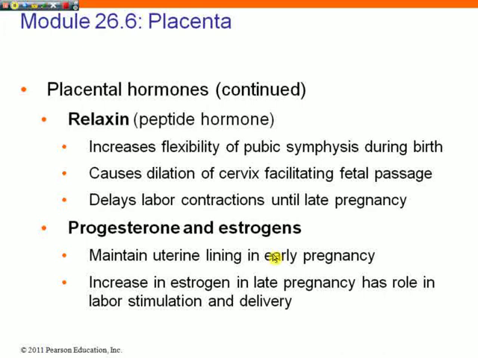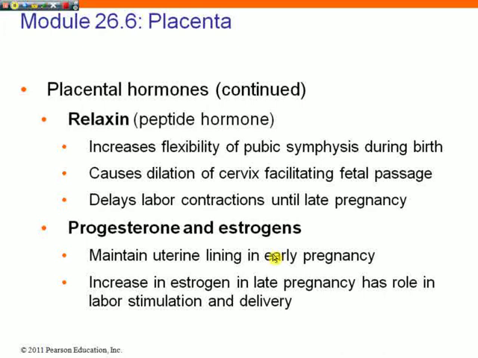Relaxin increases the flexibility of the pubic symphysis during birth. As you recall, the pubic symphysis does not have a bony fusion, but there is a very dense connective tissue between the two pubic bones, and that normally holds it very rigid, but under the influence of relaxin, that connective tissue becomes more flexible, allowing some movement of the pelvis bones during birth.